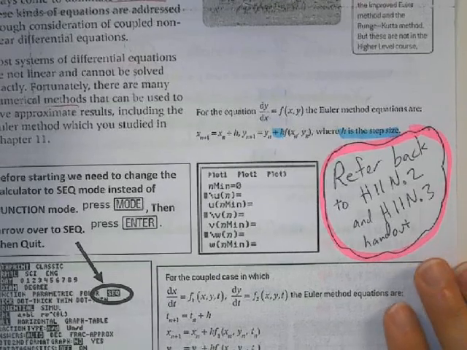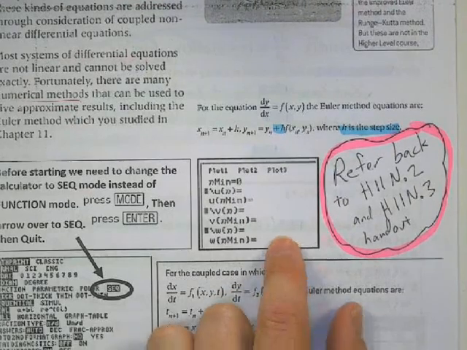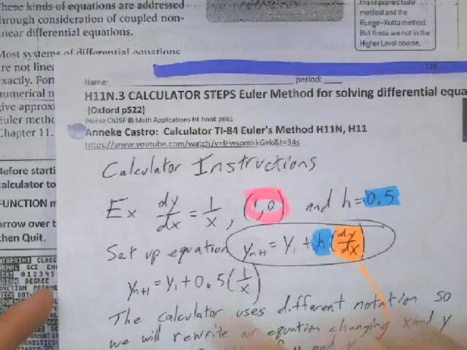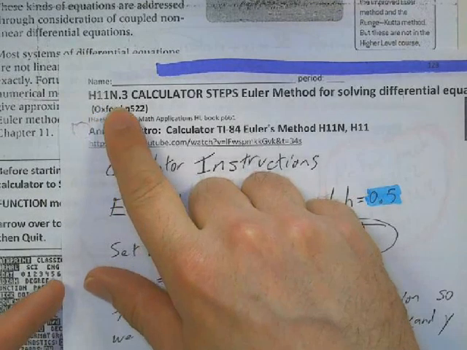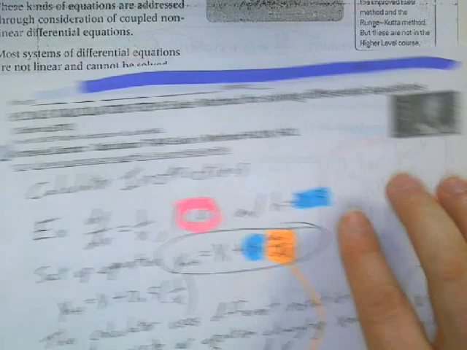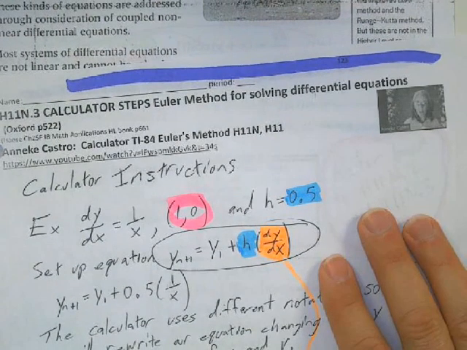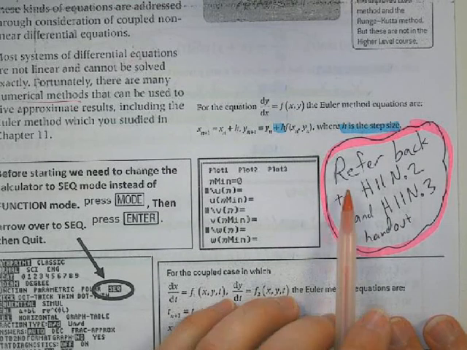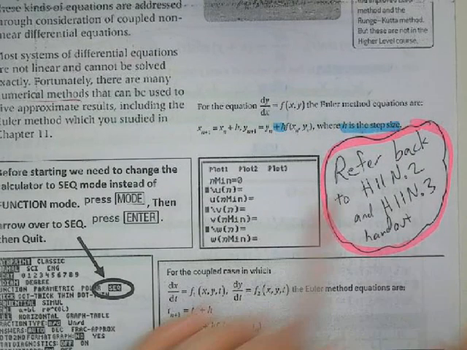We're going to be using the calculator a bunch, and if you go back to handout H11N3, I've got the calculator instructions here. That should be like a beginning refresher.